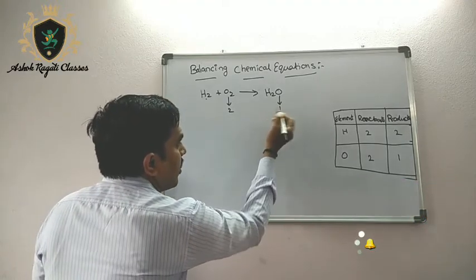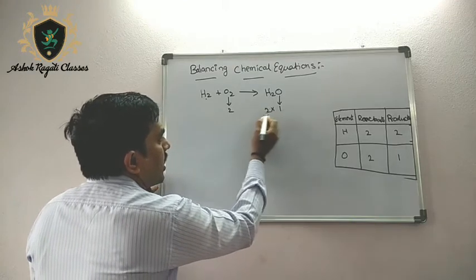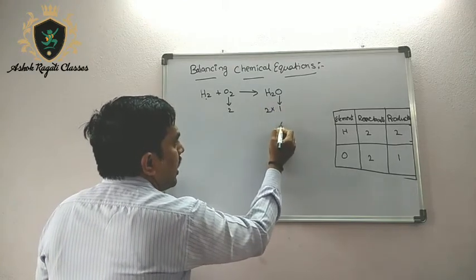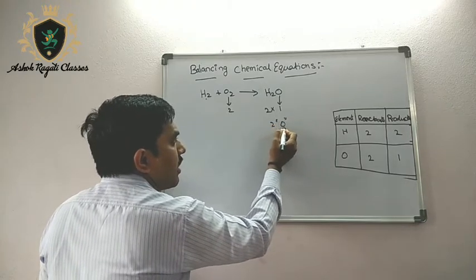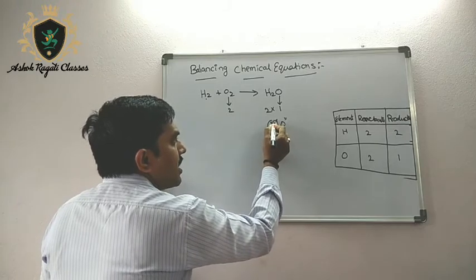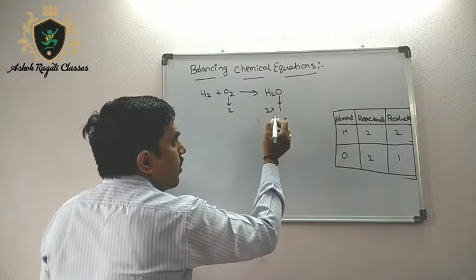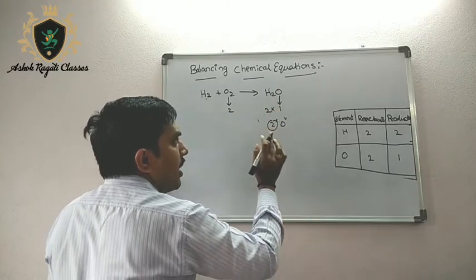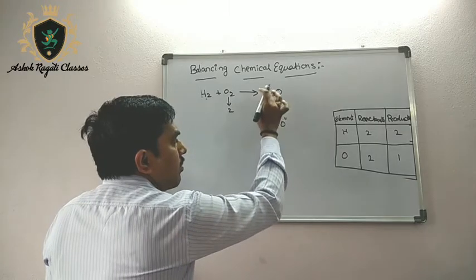This is the smaller number, so I want to make it bigger by multiplying with the desired number 2. This 2 is not applicable only to oxygen. We can't multiply only the oxygen atom. Whatever multiplier you place should apply to the whole molecule, so you have to multiply the number throughout the molecule.